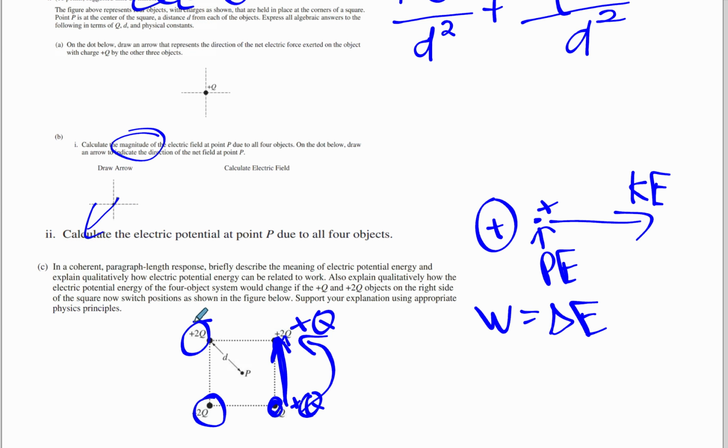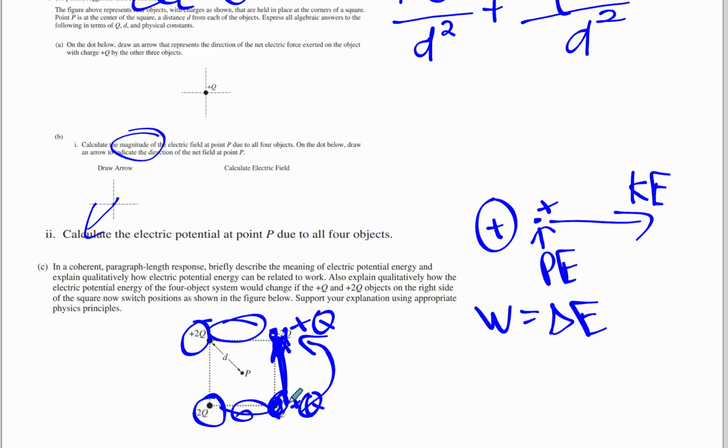So what this is saying is it would take energy to move the plus Q from bottom to top. I need to do work. I need to put in energy to move the plus Q from this negative area near this guy to this positive area near this guy. So if I'm giving the system energy to do that, that means the system is going to have more energy in this position.